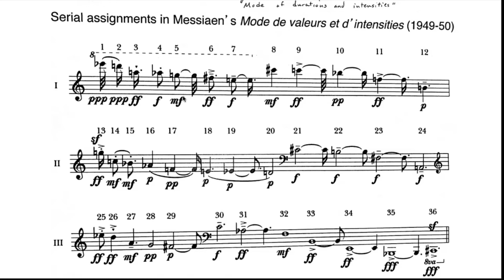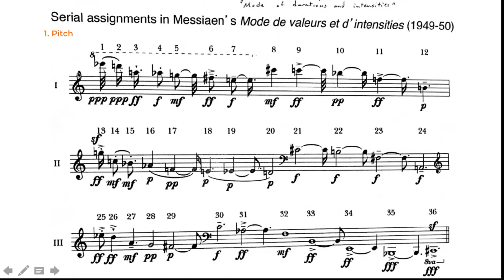And around the same time that Babbitt was writing his piano pieces, the French composer Olivier Messiaen was writing this piece. And this is a chart that we have from this piece that explains what he was doing. As you can see, there are 3 rows, and each row has a pitch set 12-tone row.